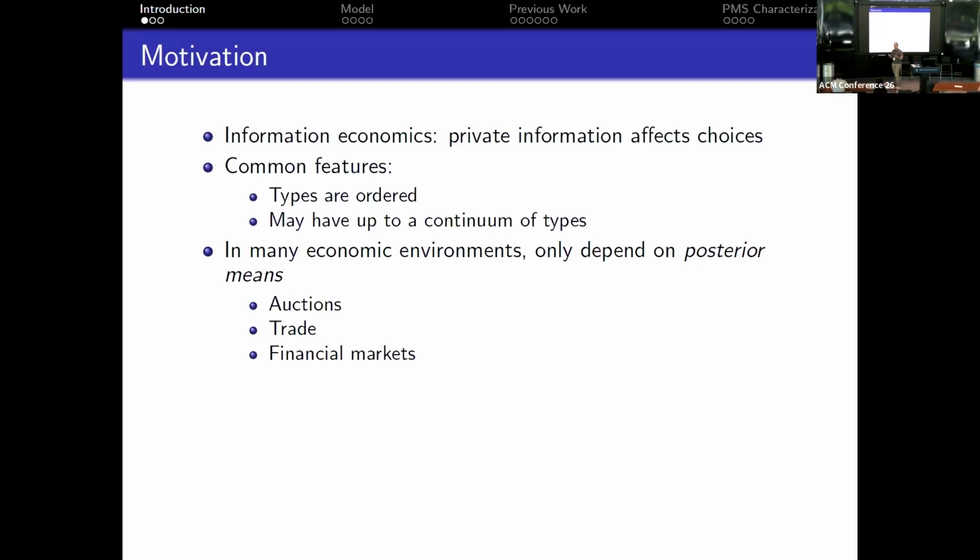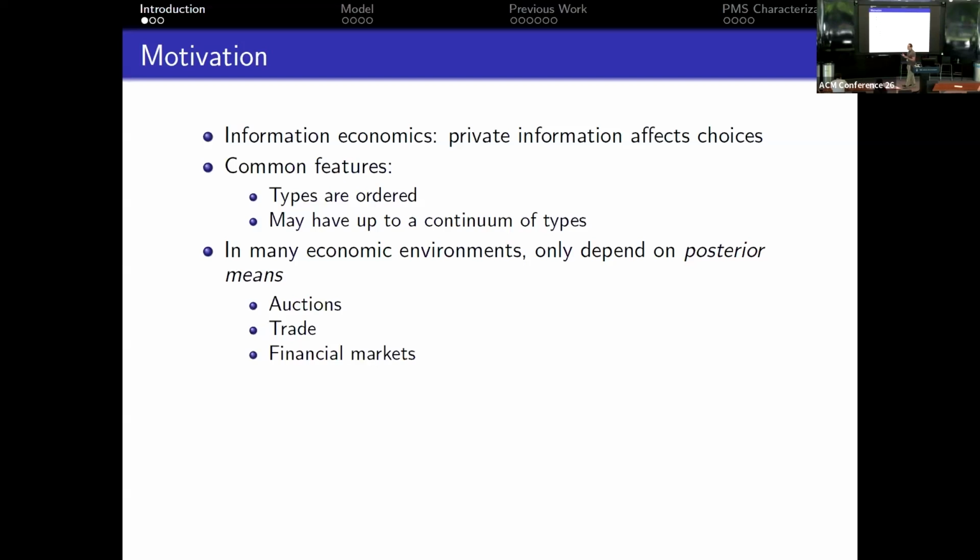So if we have uncertainty about our ex post value, our utility will be given by the expected value of the object times the probability of winning minus the transfer. So it depends on our mean, or I should say posterior mean, of the type.